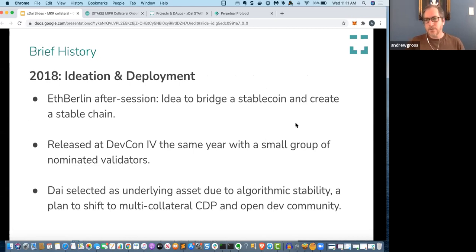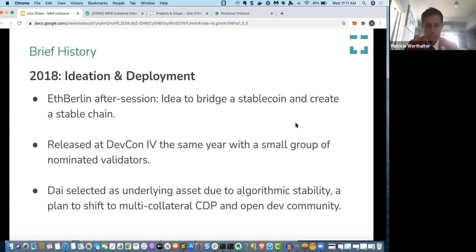As I mentioned, we've been around since 2018. xDAI first came about at ETH Berlin, and the idea there, stablecoins were really starting to come on, and the idea was to bridge a stablecoin to create a stable chain.